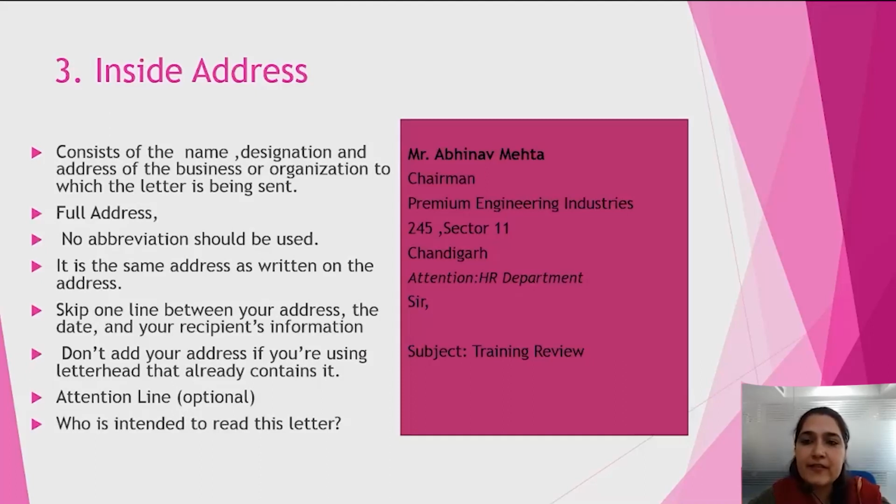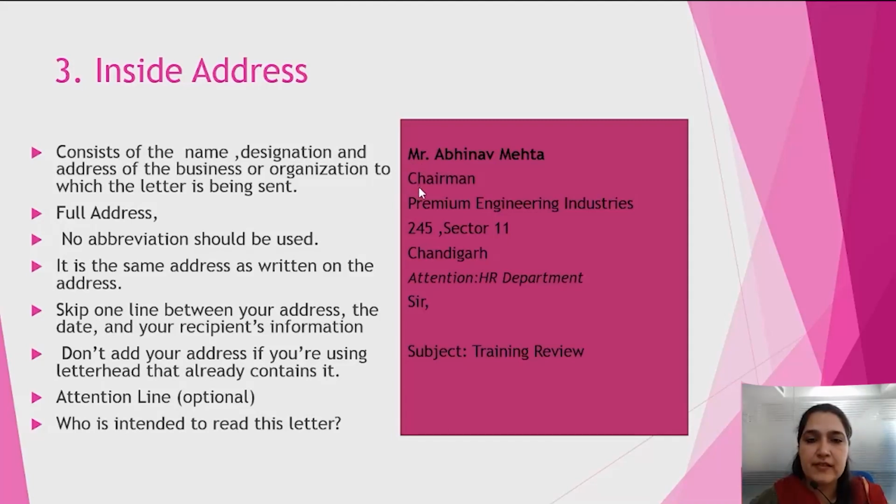Moving further, the inside address. Now inside address consists of the name, designation and address of the business or organization to which the letter is being sent. So actually inside address क्या है? Receiver's address है. जैसे एक example आप देख सकते हैं, यहाँ पे Mr. Abhinav Mehta is the receiver. After his name, properly, we can see that the initials are capitals, and there is a proper designation.